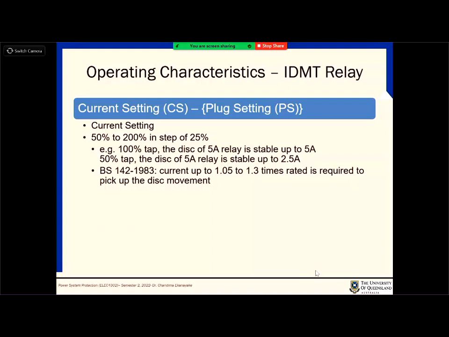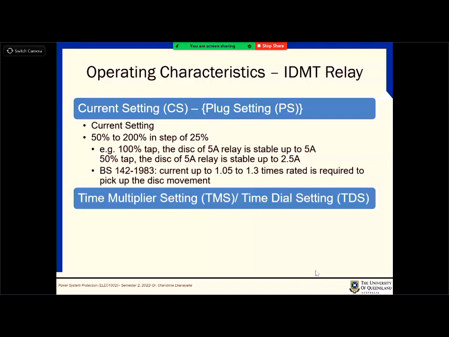One of the important things is where it starts, the initial pickup value. This is defined in the standards.